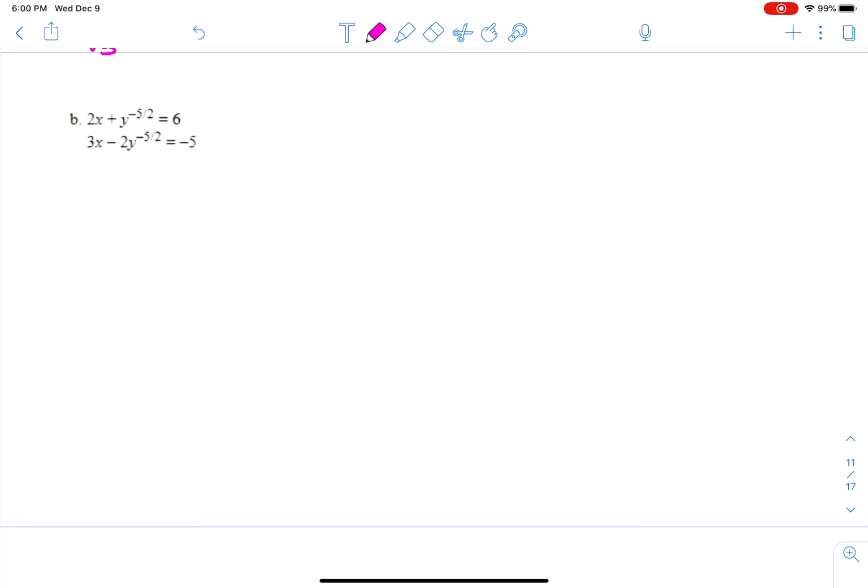Let's try one more. I've got negative exponents, rational exponents. Kind of looks like a mess. I'm going to use elimination to solve this problem. So I'm going to start by multiplying the top equation by 2.